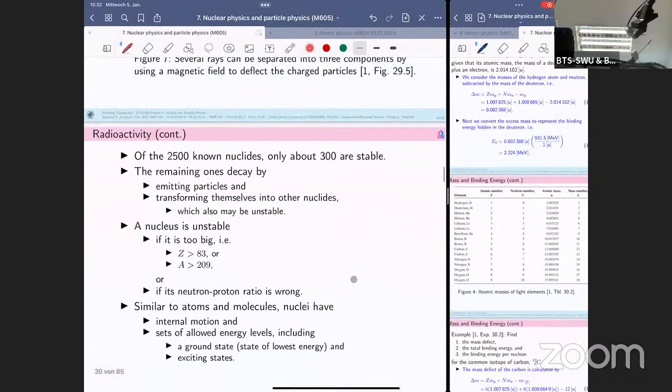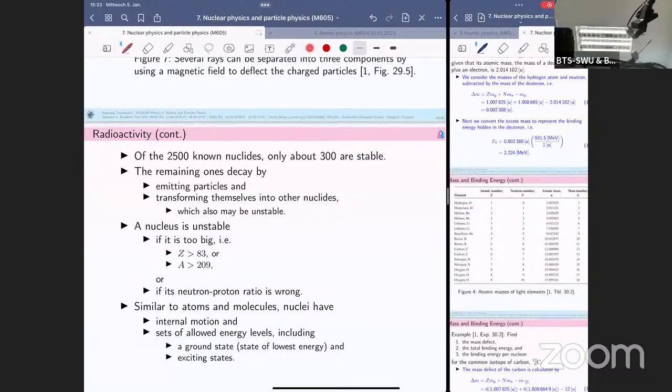Now we arrive at the next topic, which is radioactivity. Of 2,500 known nuclei, only 300 are stable. You can have any pair of combinations of neutrons and protons inside the nucleus of elements, but only a few combinations of neutrons and protons are valid.